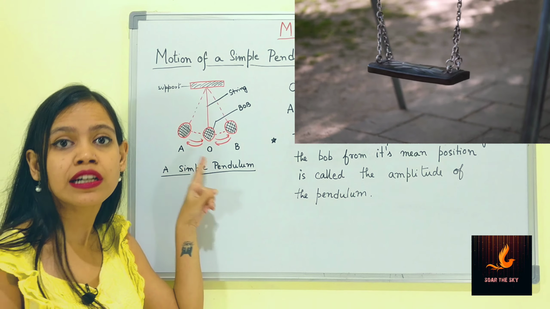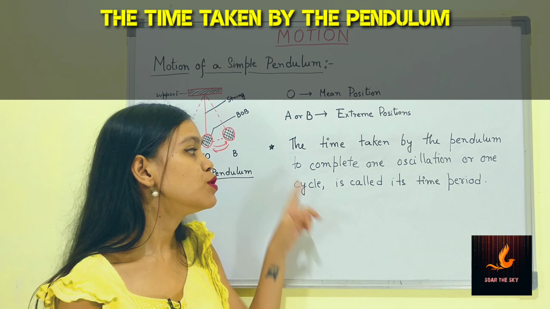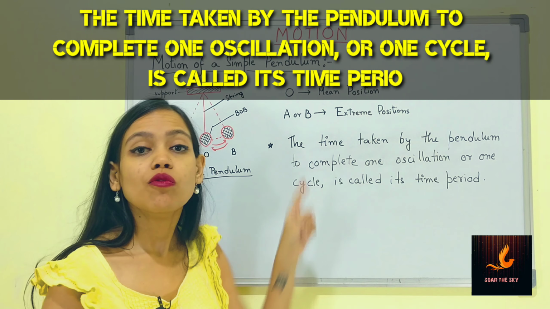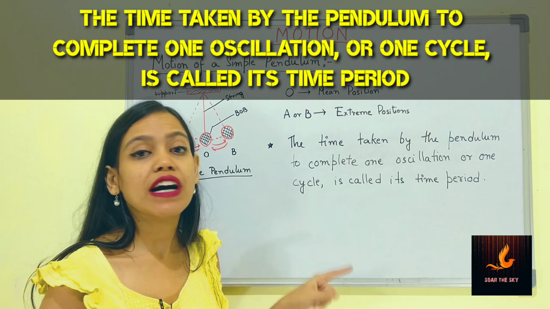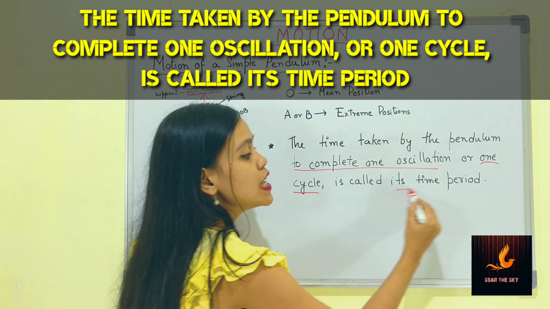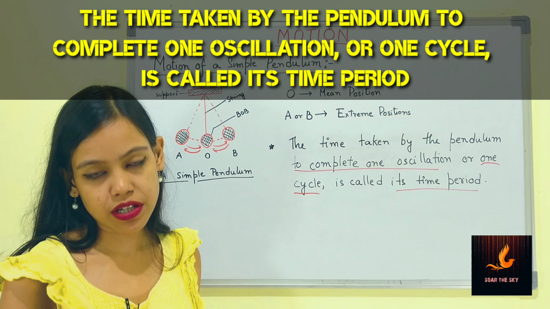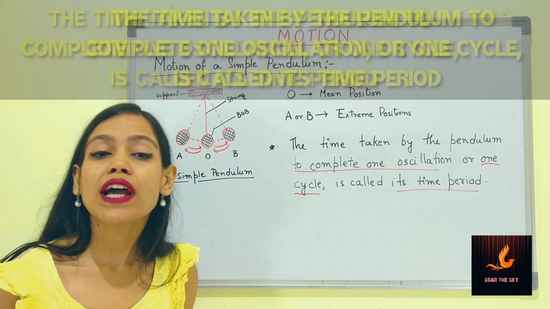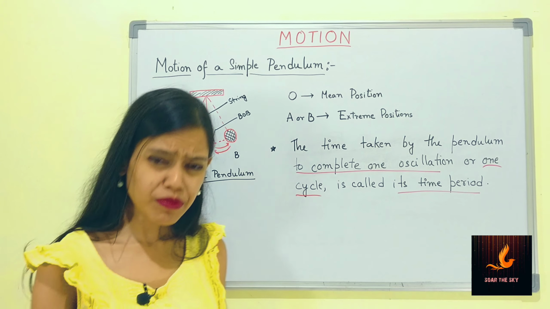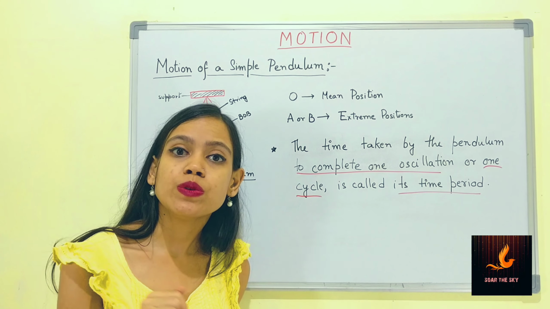The time taken by any pendulum to complete one complete oscillation or one cycle is called its time period. So the time taken to complete one oscillation or one cycle is called the time period of the pendulum. Why do we need to know about the time period of a pendulum? Now, a pendulum is used in a clock.